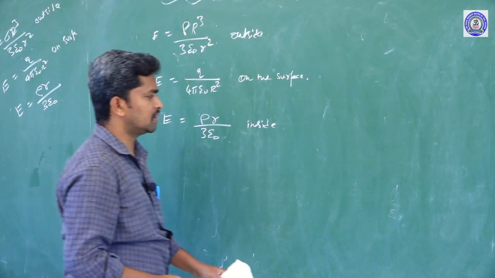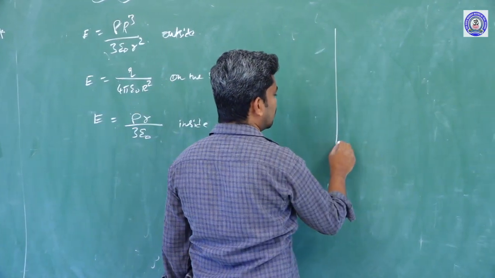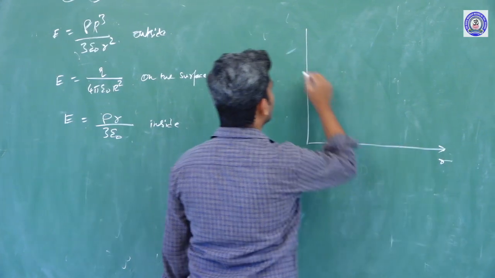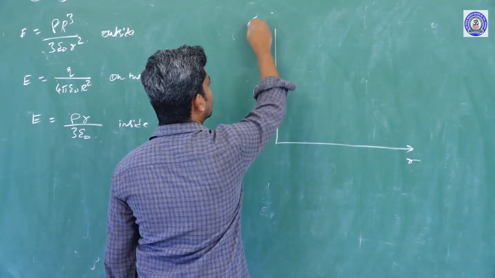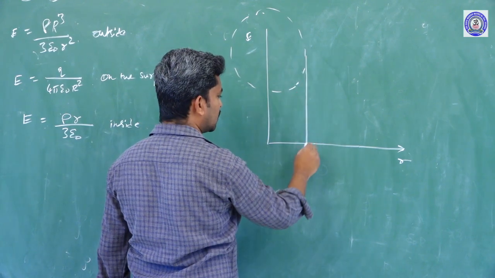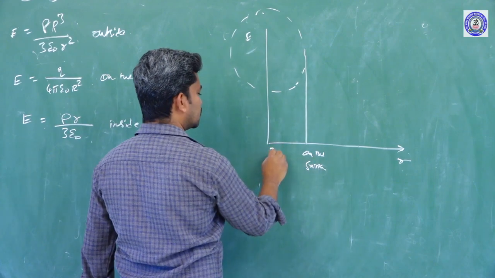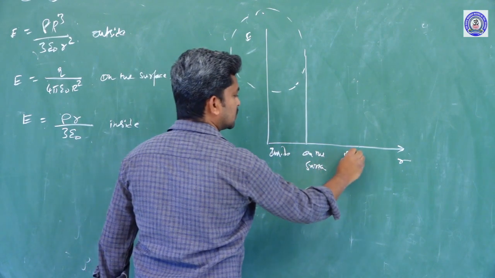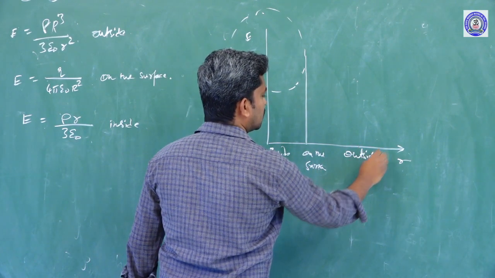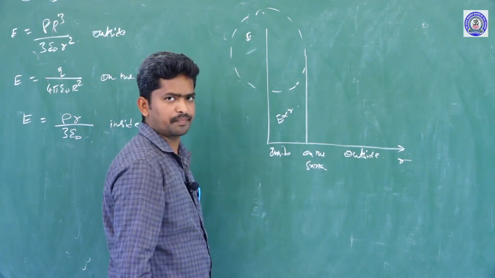Next, we draw the graph between the electric field E and the distance r. On the surface, this is inside, this is outside. Inside, the electric field E is directly proportional to r.